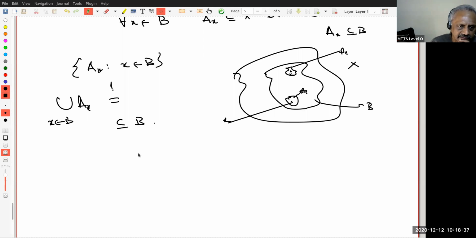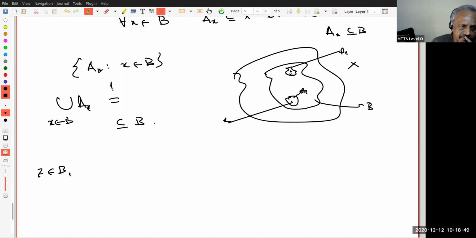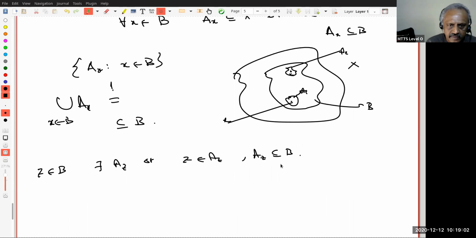Right? Okay. Next. Now start with any Z in B. By my assumption, for every X in B, there exists AX such that X belongs to AX and AX is contained in B. Therefore, for this Z also, there exists AZ with the property that Z belongs to AZ and AZ is contained in B. You understand that? Therefore, AZ belongs to the family AX, X in B. You follow that?